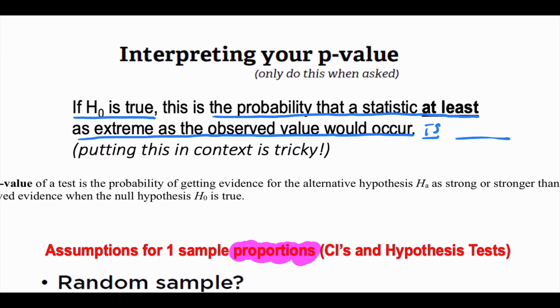What it's saying, in as basic English as possible, is: if what you're saying is true, which is that the true proportion is 46%, the chances that I got a sample like I did is around 39%, 0.3898, right?